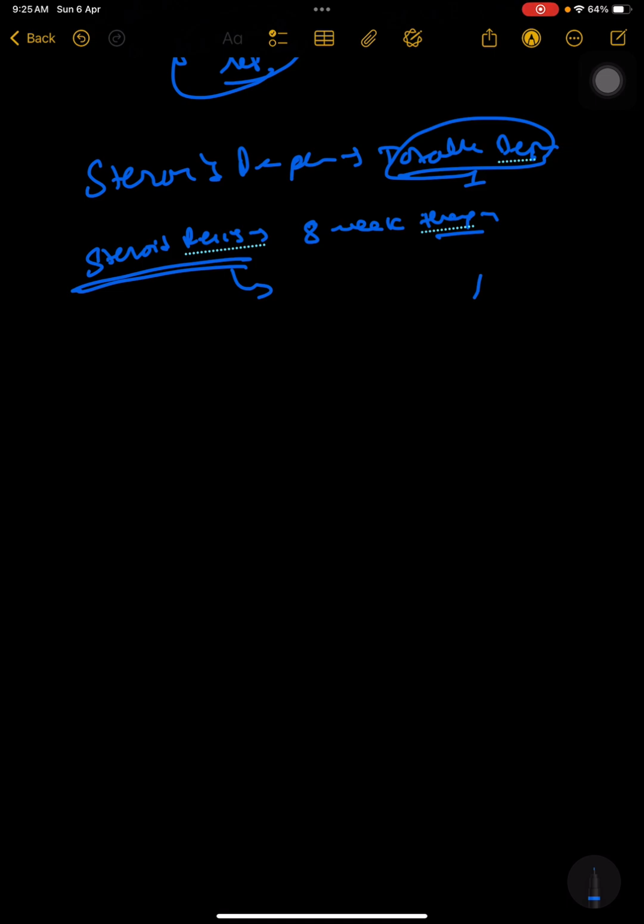That is steroid resistant cases. So for that case, it's better you go for a calcineurin inhibitor. Okay, calcineurin inhibitors. Now I will tell you about this drug dosing again.